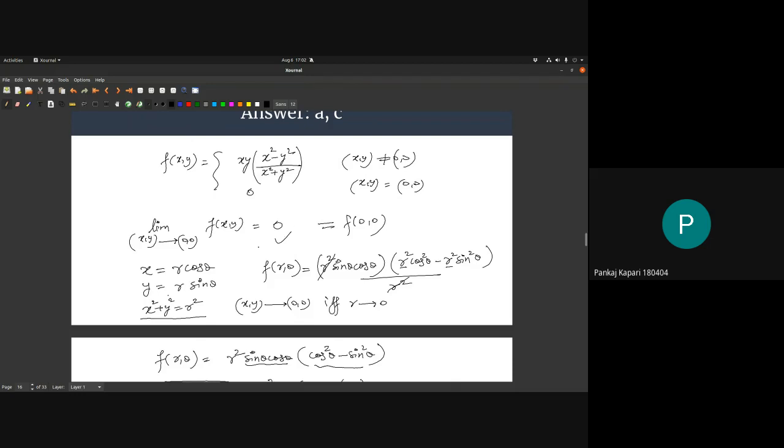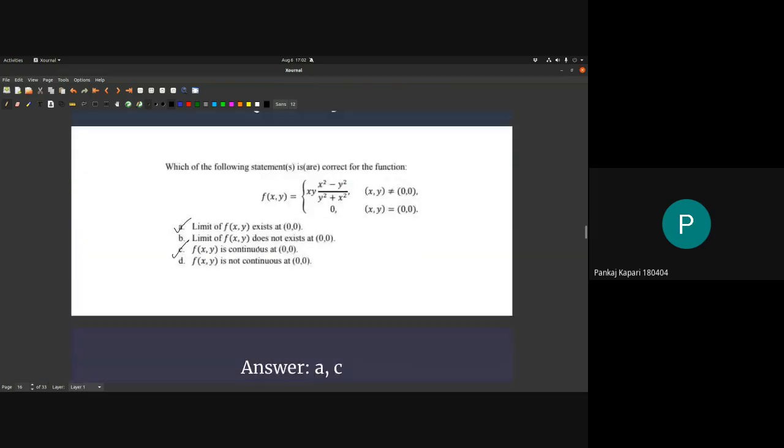In this particular case, that point is origin. So here the limit of the given function exists at origin, and the function is also continuous at origin, because the limit is equal to 0 and the value of the function is also 0 at this point.